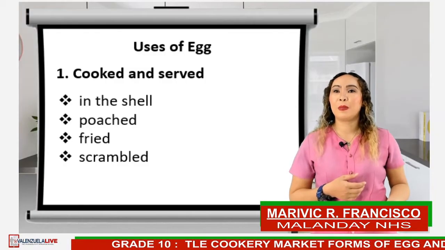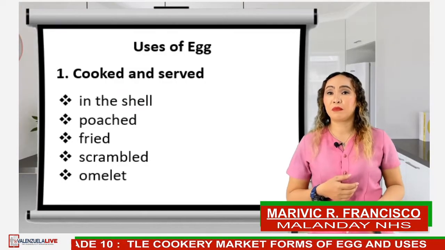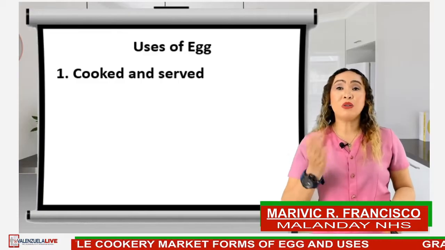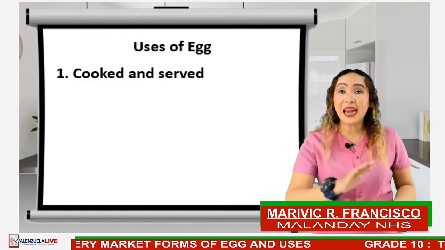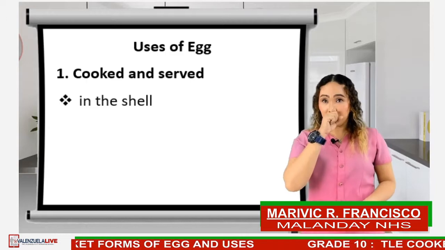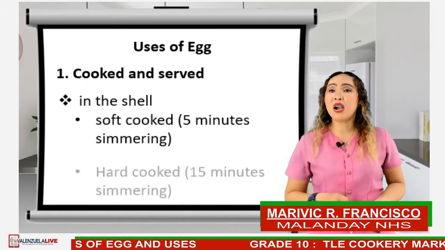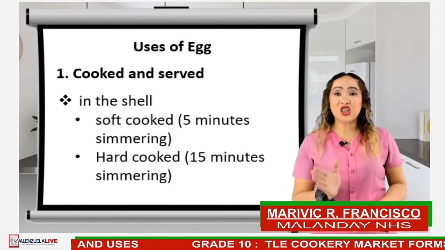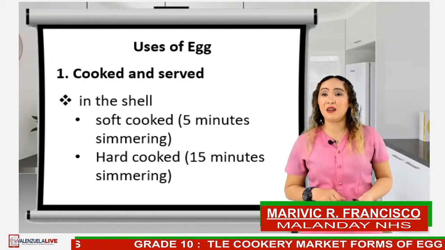Then for fried, cook at low to moderate temperature. For scrambled, the addition of sugar delays coagulation.